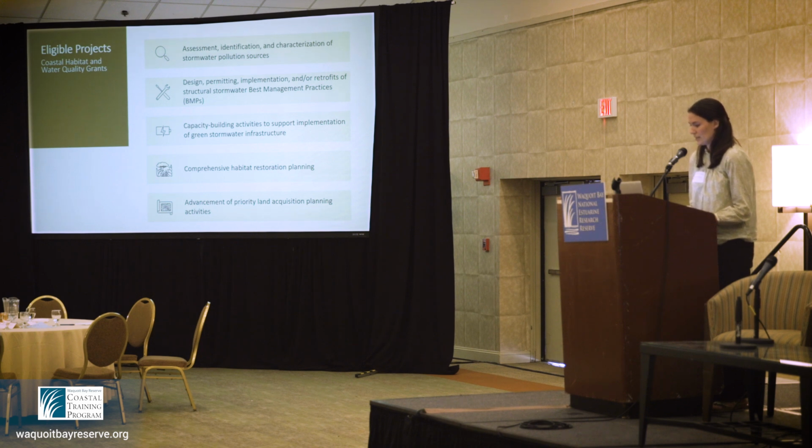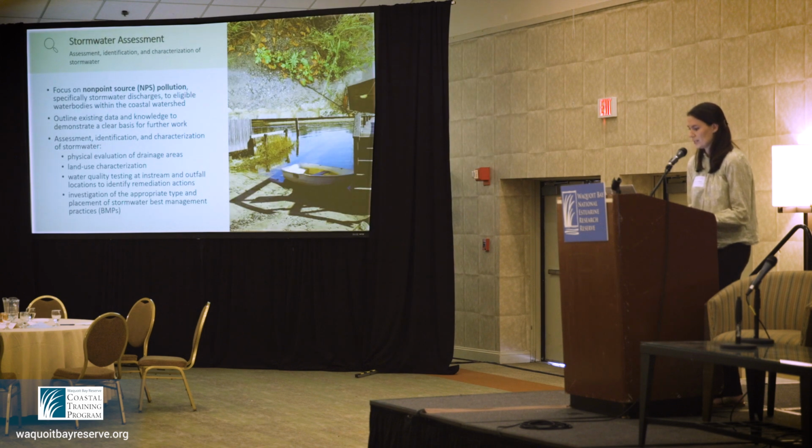So these include the assessment, identification, and characterization of stormwater pollution sources, the design, permitting, implementation, and/or retrofits of structural stormwater best management practices, capacity building activities to support implementation of green stormwater infrastructure, comprehensive habitat restoration planning, and advancement of priority land acquisition planning activities. So I'm going to go through each one of these a little bit more so you can get a bigger picture as to what these might include.